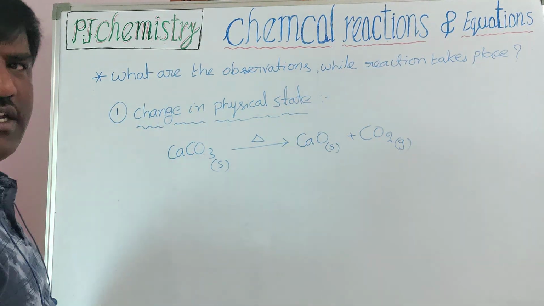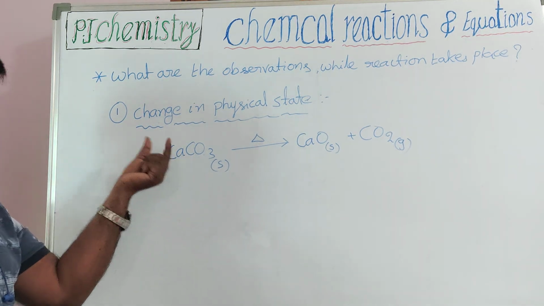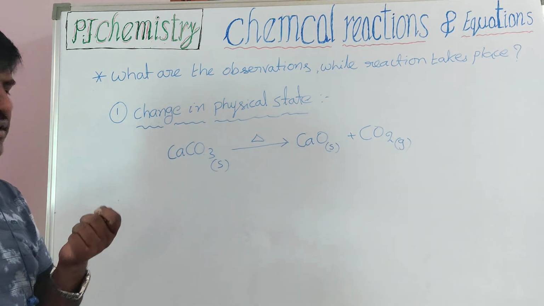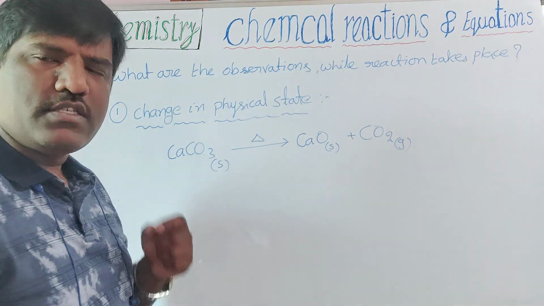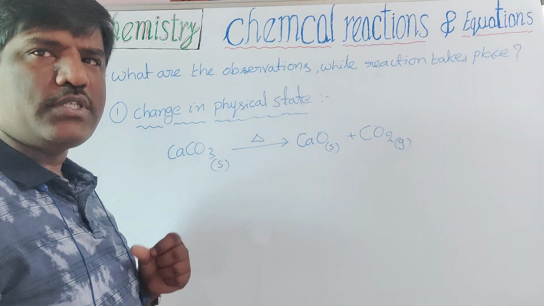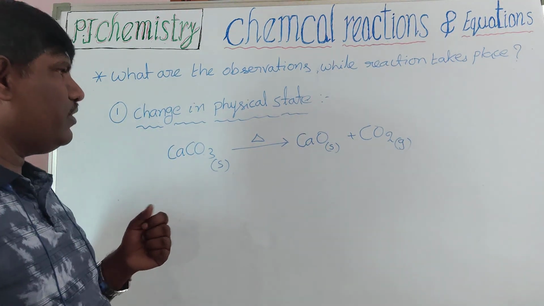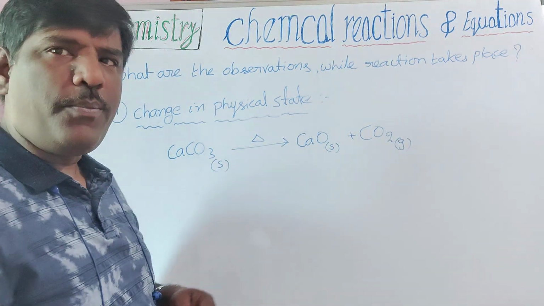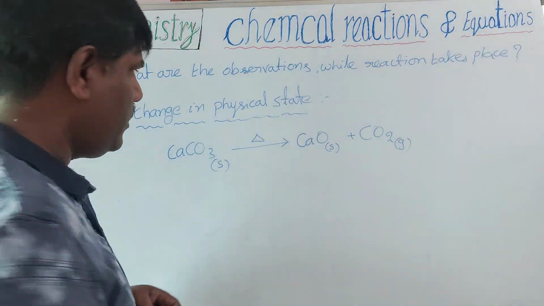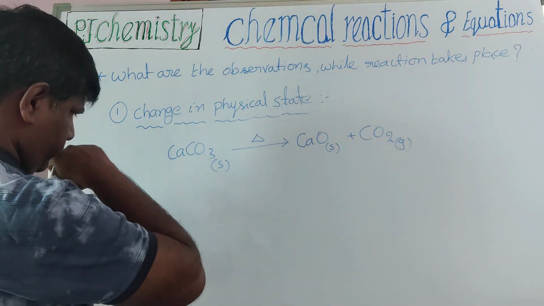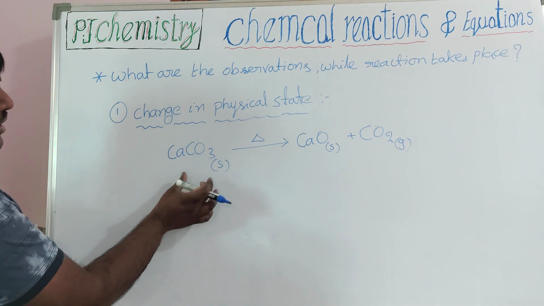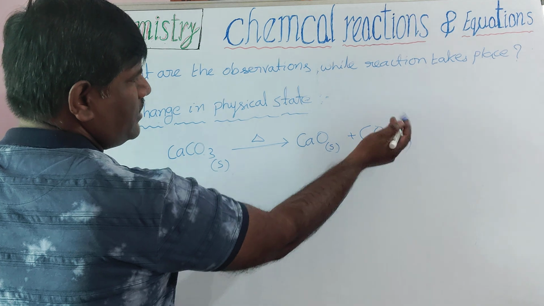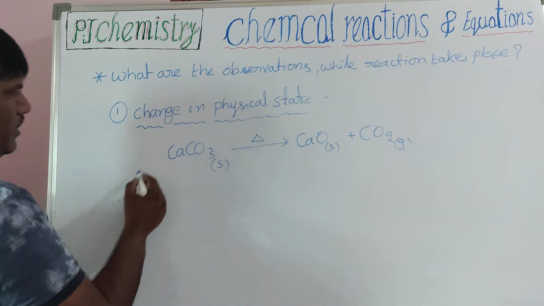The physical state of a particular substance we mention with small letters: S means solid, G means gas, L means liquid, AQ means aqueous medium. For gases, not only G, an upward arrow symbol can also be used. So here, on the reactant side there is solid, and on the product side, gas is also present. That is the change.